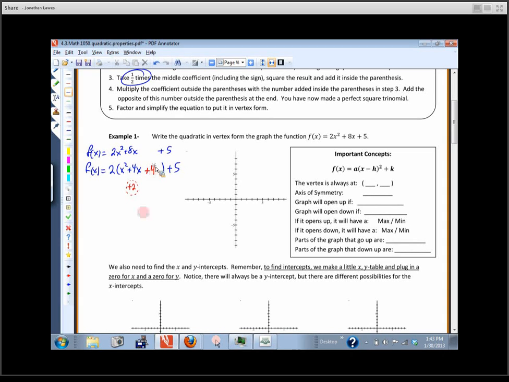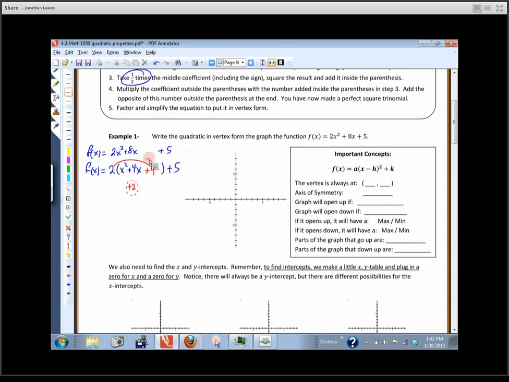Now, if you were in my class, I said when you do this, you should immediately draw this line right here. We're going to draw an arc from what that number is out front to that right there. What that allows us to do is figure out, I added 4 inside parentheses, but there's a number outside. By adding 4 inside the parentheses, what did I really do to this side? We really added 8.